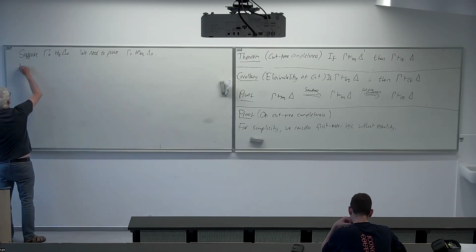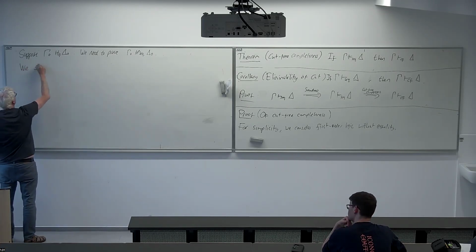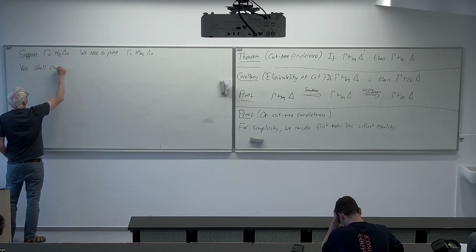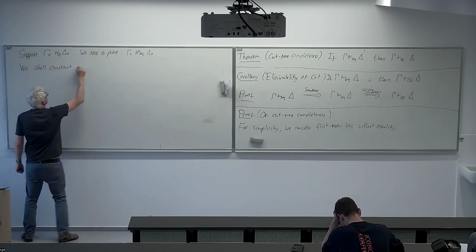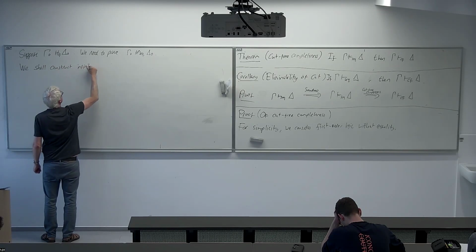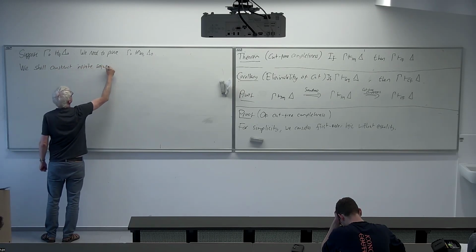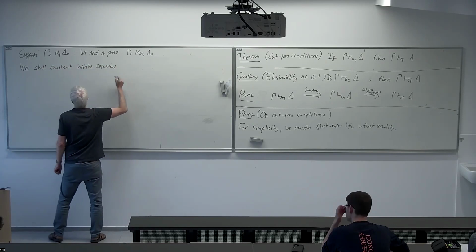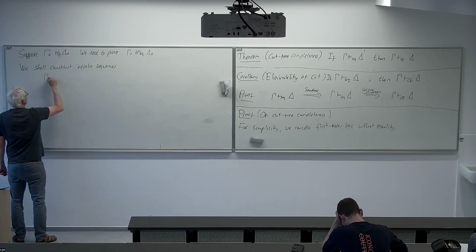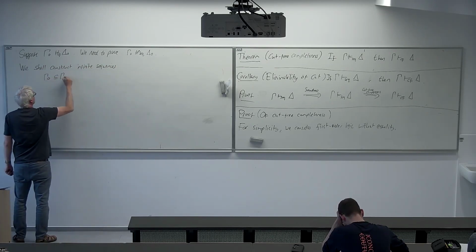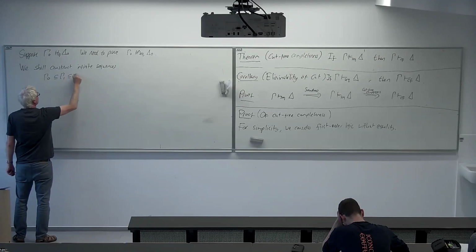So we shall construct infinite sequences of sets of formulas, starting with Gamma 0. We're going to expand it to Gamma 1, to Gamma 2.